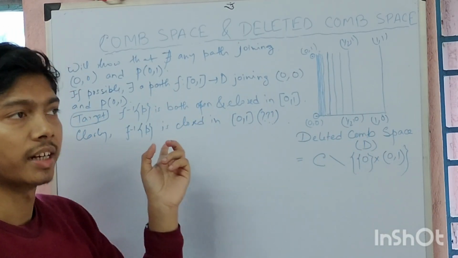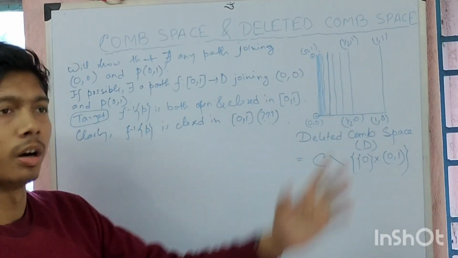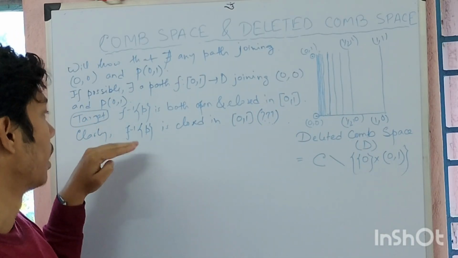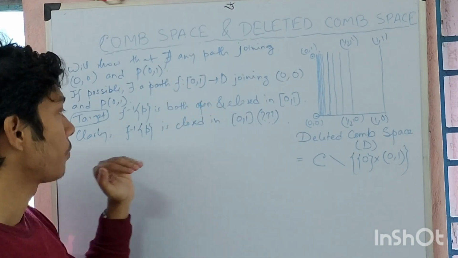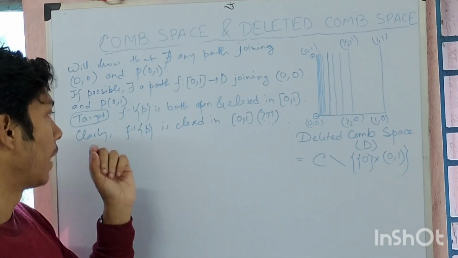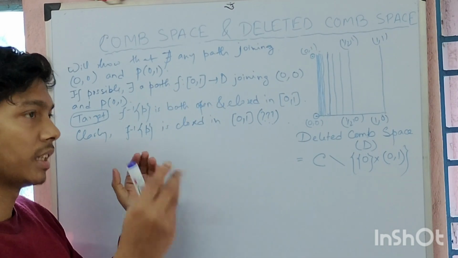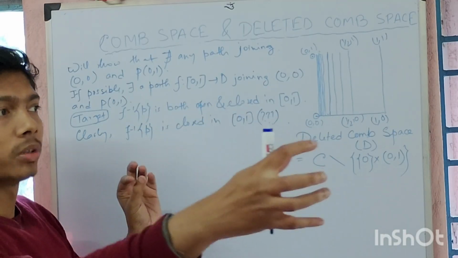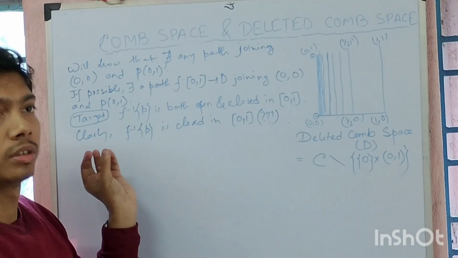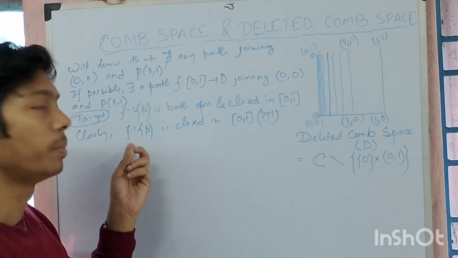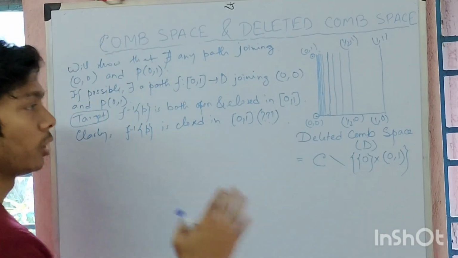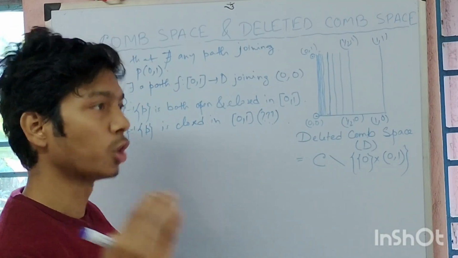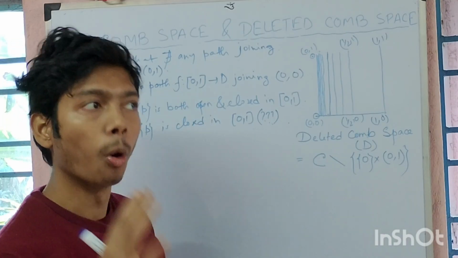It is a singleton set, and so it is closed because it is a Hausdorff space. And F is a path, so F is continuous. By the definition of continuity, if F is continuous, then its inverse image of a closed set should be closed. So that's why F inverse P is closed. So my only target now is to show that F inverse P is open.